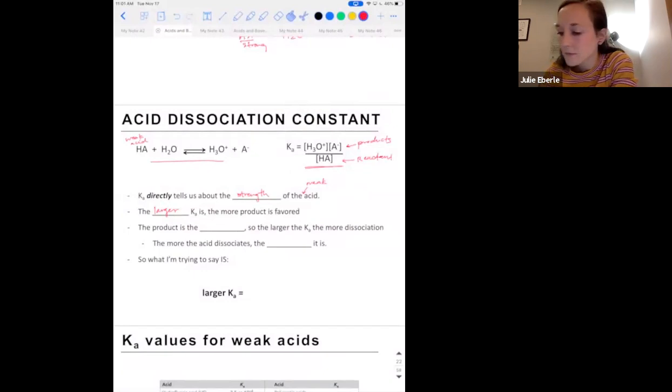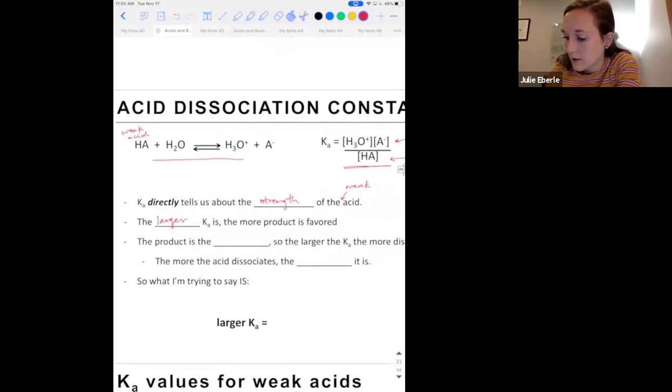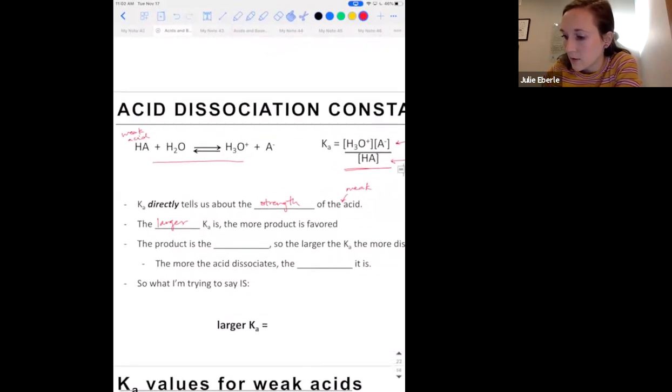All right. So we said Ka directly tells us about the strength of the weak acid. And the larger Ka is, the more products you have. And numerically, that makes sense. If we have Ka equals 10 divided by 1 versus, well, that's actually a bad example.